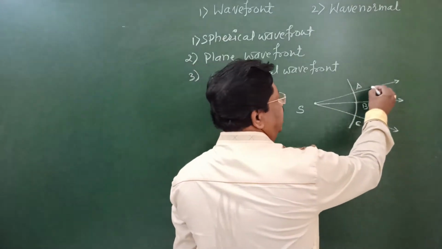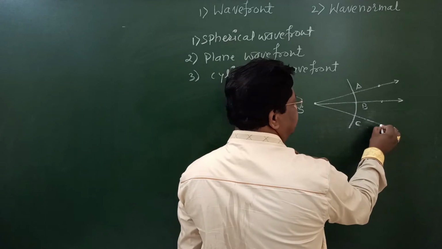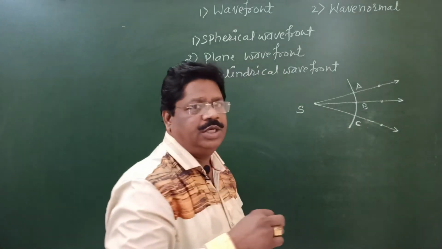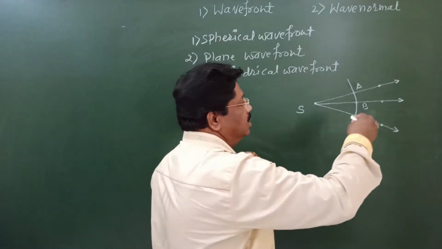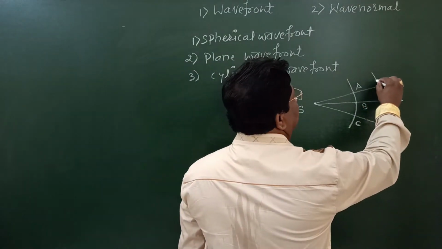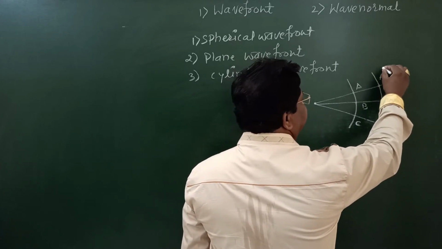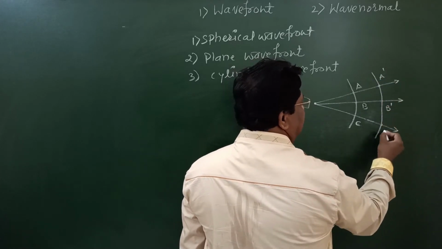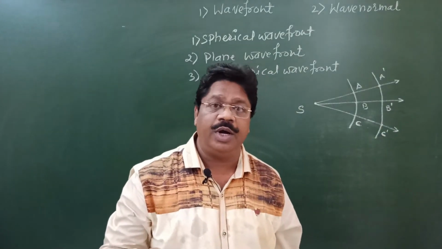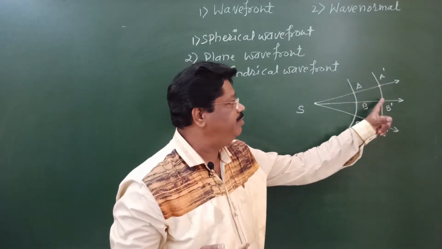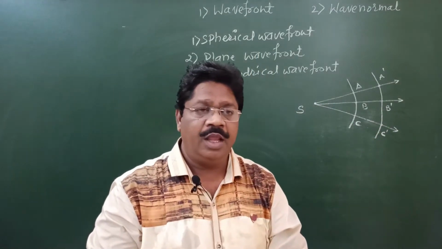This wave reaches from A to A dash, B to B dash, and C to C dash. All these waves cover equal distance in equal interval of time, and therefore the envelope of these 3 points A dash, B dash, and C dash is another new wavefront A dash, B dash, C dash. This is about the spherical wavefront.